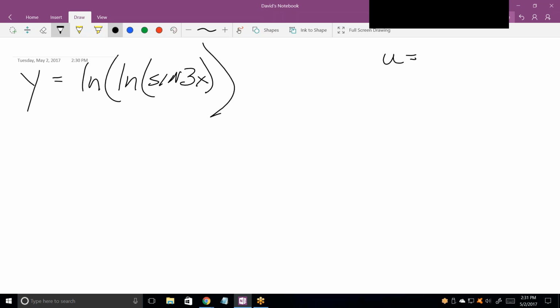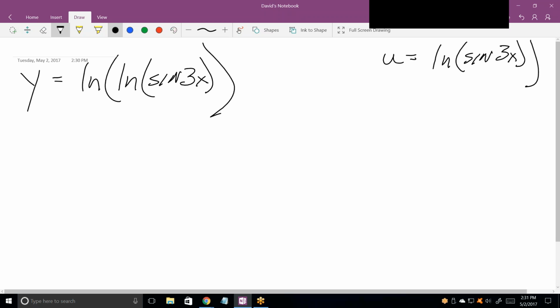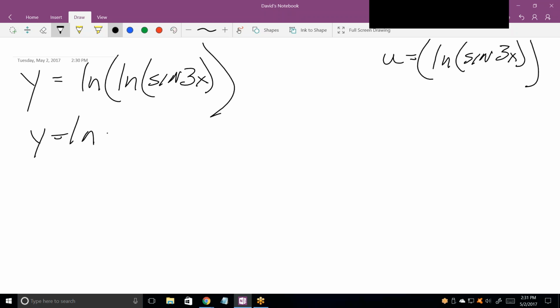I would say it's ln of sine 3x. The reason is that we want to convert this into y equals natural log of u. Because if I have this, then I know y prime is equal to 1 over u times u prime, just using the chain rule.